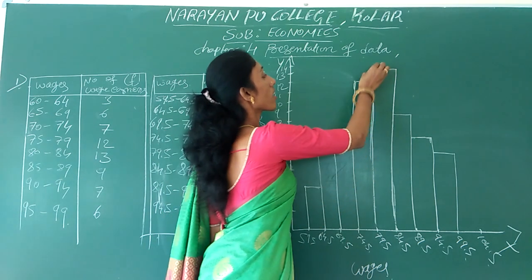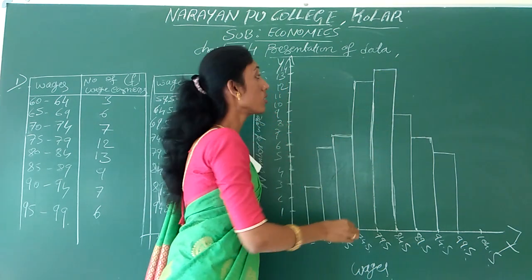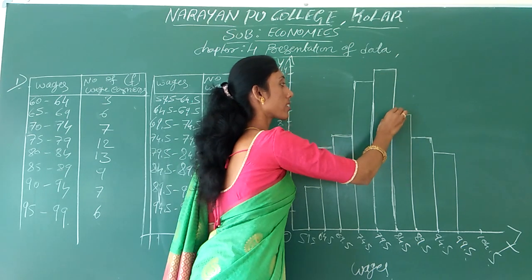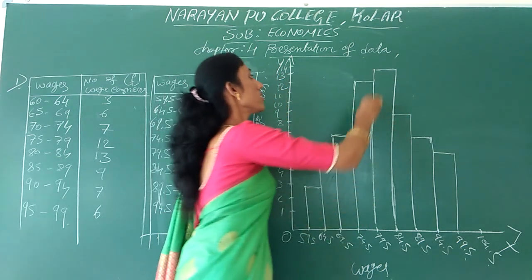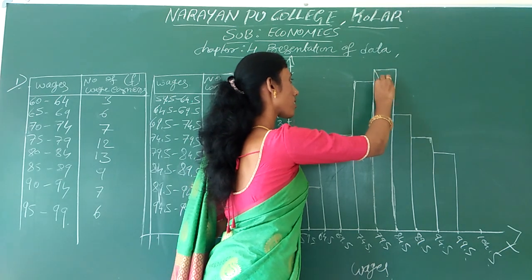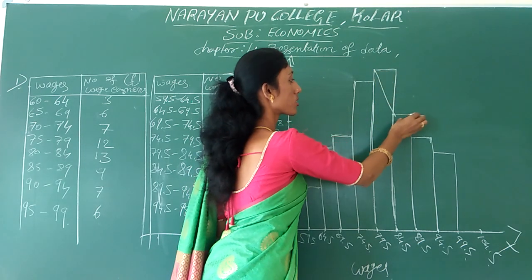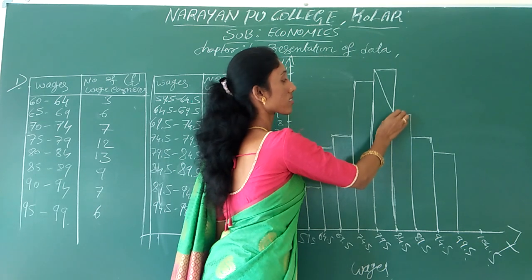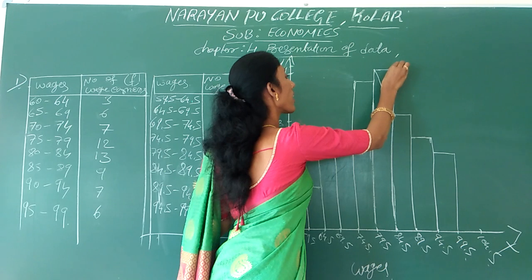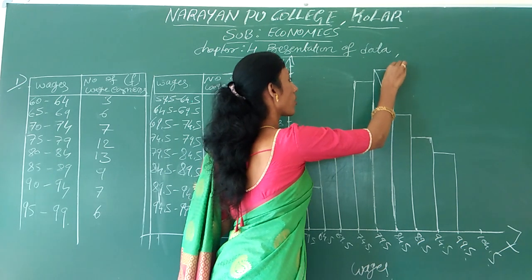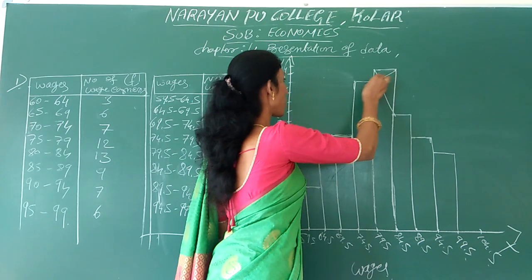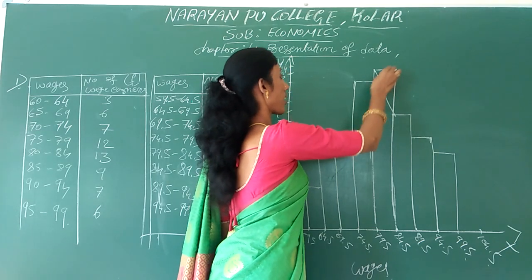Now each corner of this bar should be joined to the next bar's edge. The left side of this bar should be joined to the next bar's right side, and the right corner of this bar should be joined to the previous bar's right side.